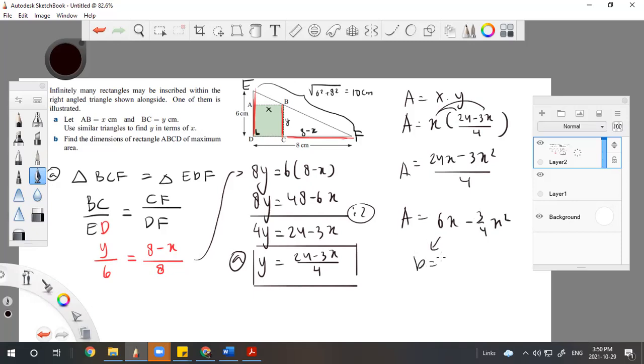This is the b, this will be the a. And you can find the xm by putting negative b over 2a, right? And then next, put in the numbers, you get the xm, and you can find the y by putting the x here. And you can find the dimensions, that's it.